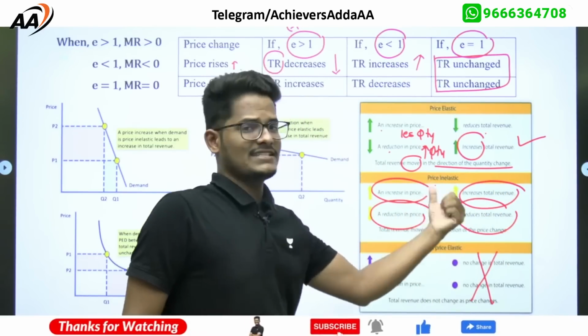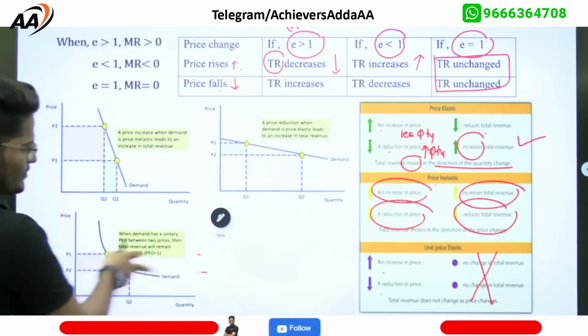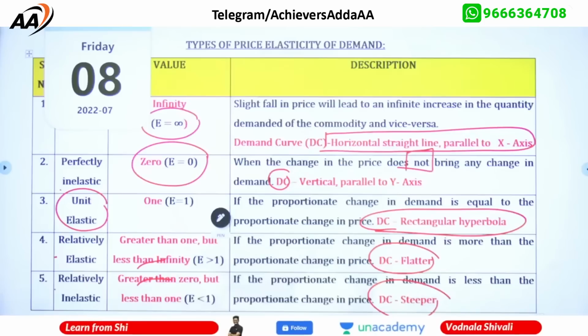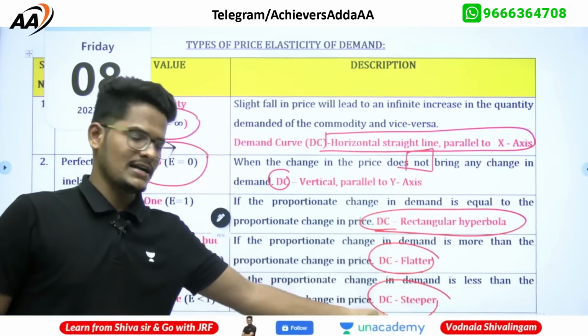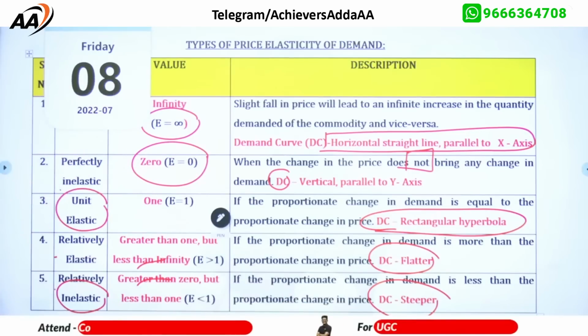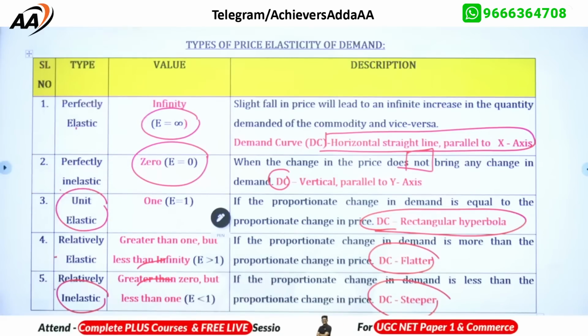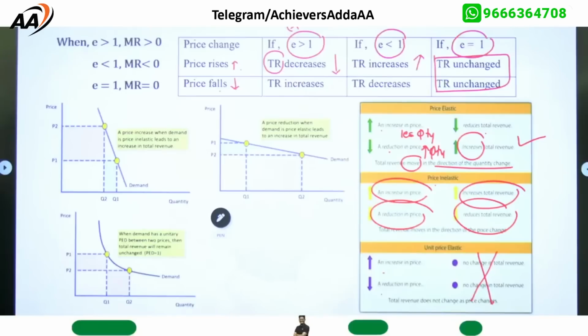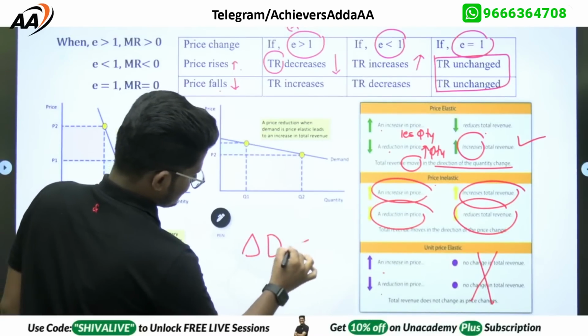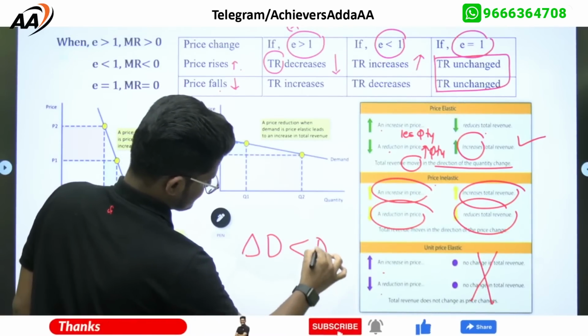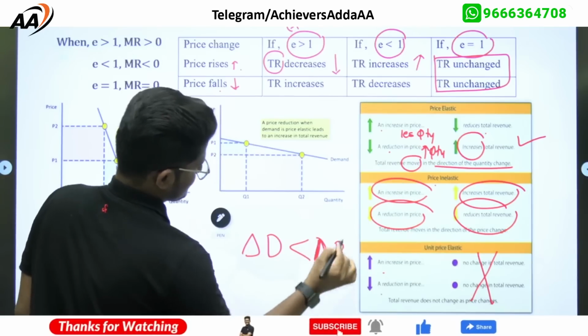What is the inelastic situation? Go and check: proportionate change in demand is less than the proportionate change in price, meaning demand change is less as compared to the price change.